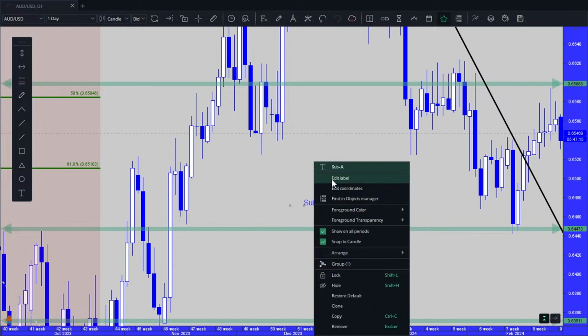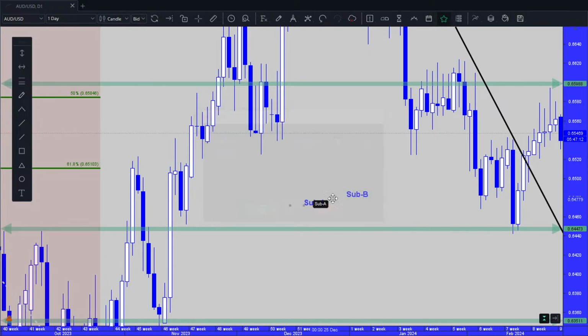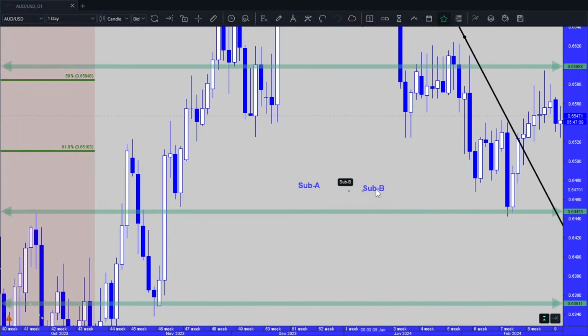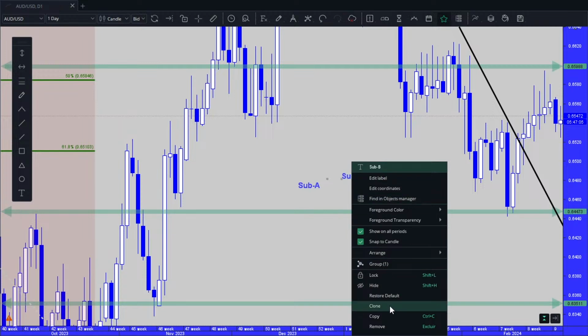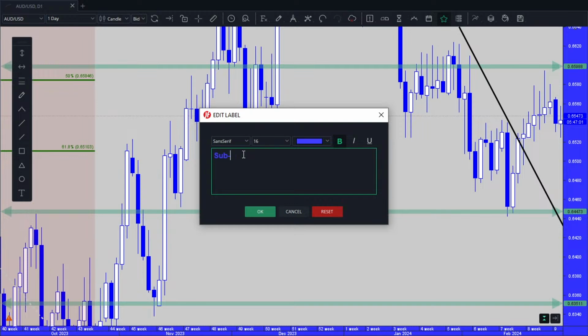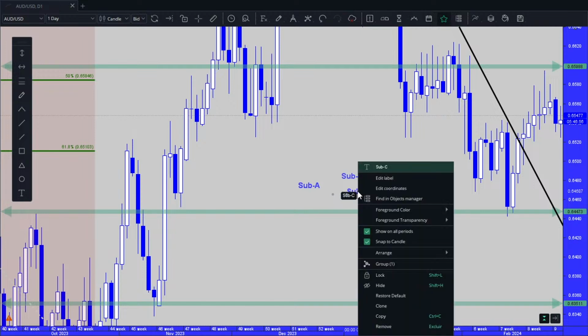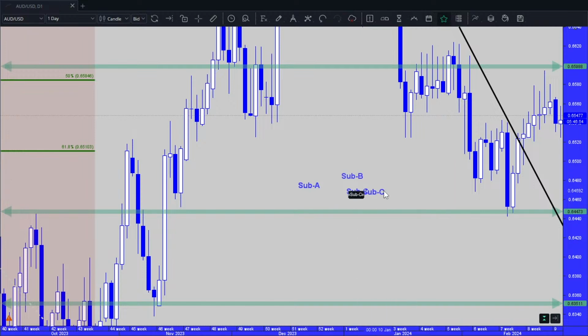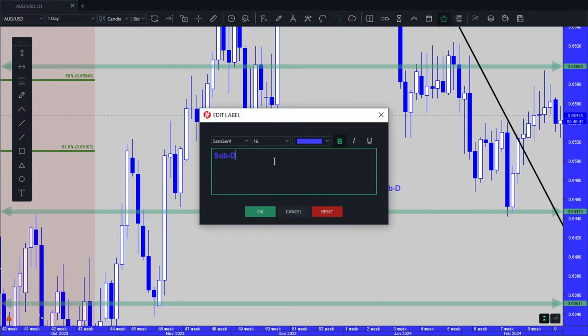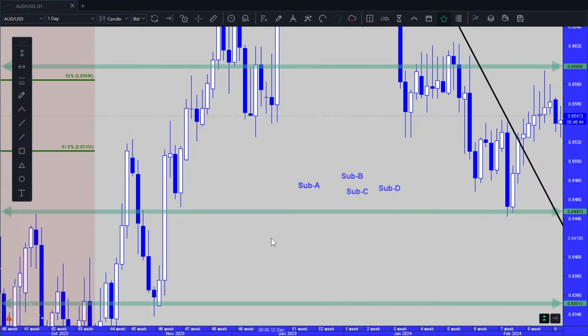Alright, this one too, edit label, make it bold, alright. And clone. There you go, edit label. This is going to be our sub C. And one more time, right click and clone. This is going to be our, edit label. This is going to be our sub D, right? Okay, everybody, just a second.